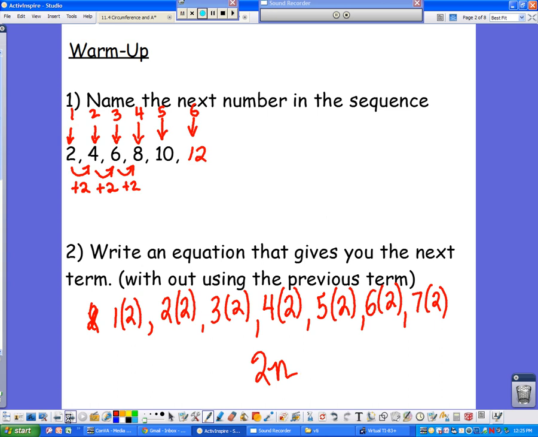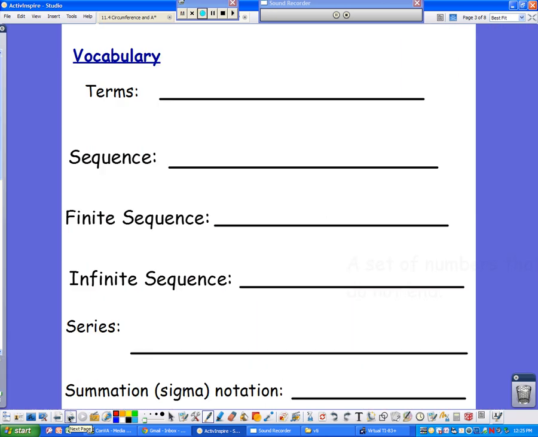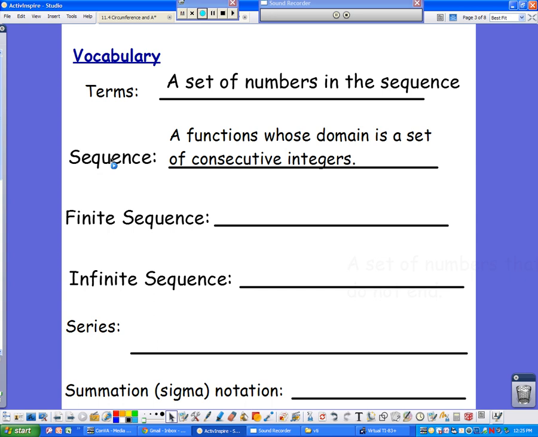Well, let's look at some vocabulary. We'll work a little bit more on writing the rules, because writing the rules is probably the hardest part in this unit. When we're looking at vocabulary, first of all, the terms are the set of numbers in the sequence. We're usually going to denote those with an n. The sequence is a function whose domain is the set of consecutive integers.